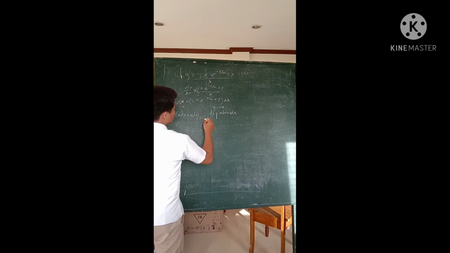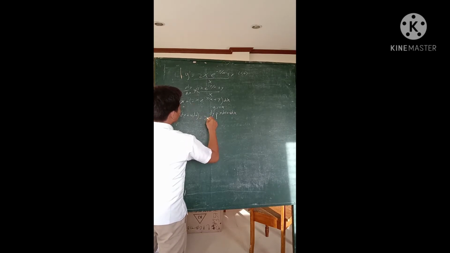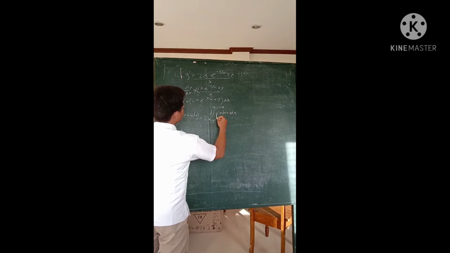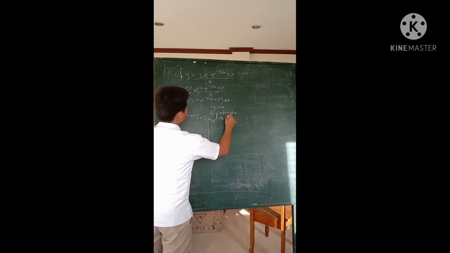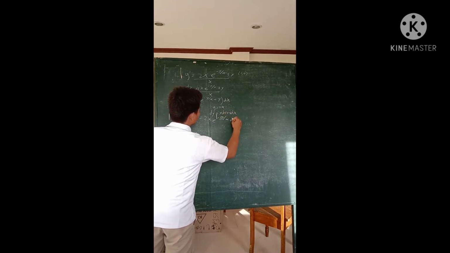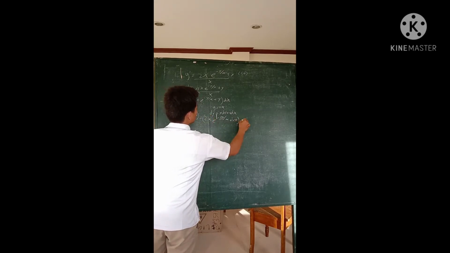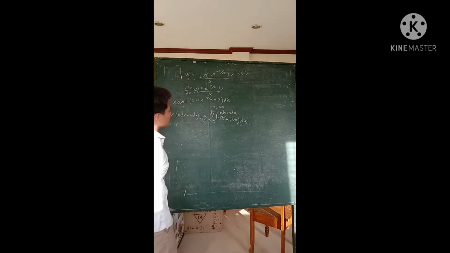equals 2x e to the negative, with y equal to vx, negative vx over x, plus y equal to vx, dx. So next we need to factor out this one.